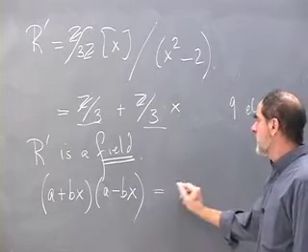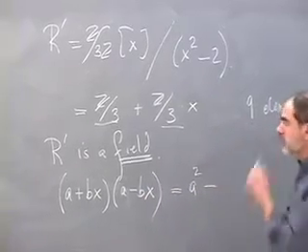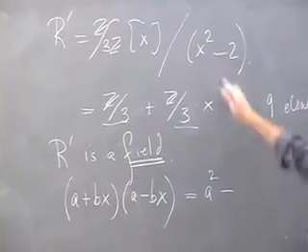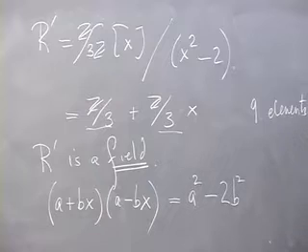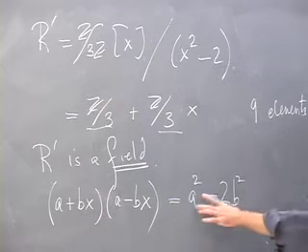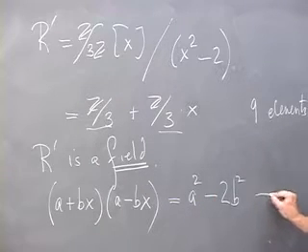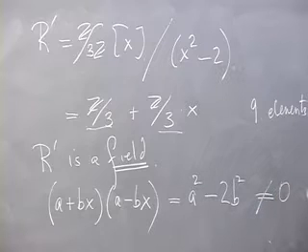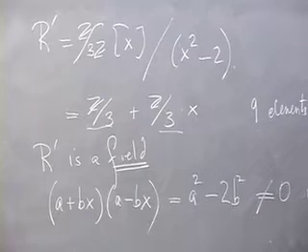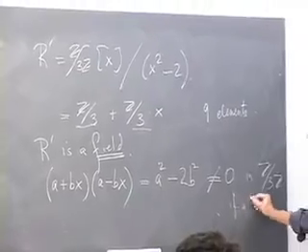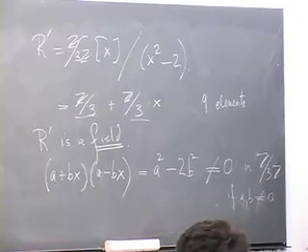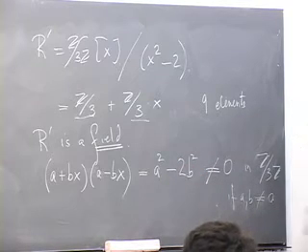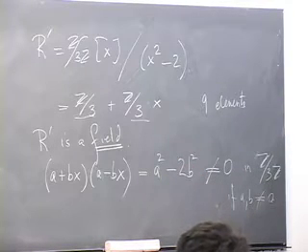And that gives me the element a squared minus b squared times x squared. But x squared is 2, so minus 2b squared. And this element is in Z mod 3. And I claim it's not 0 in Z mod 3 if a and b are not both 0. Of course, if a and b are both 0, this element is 0.